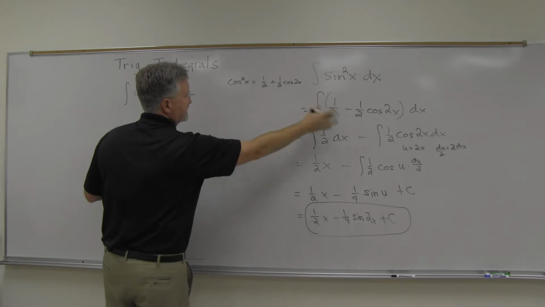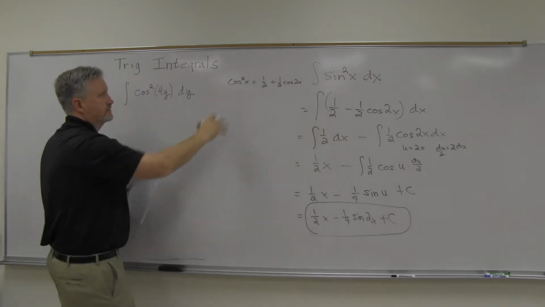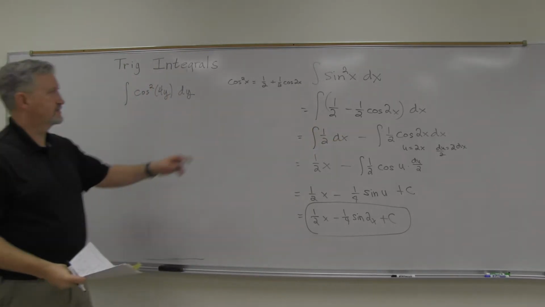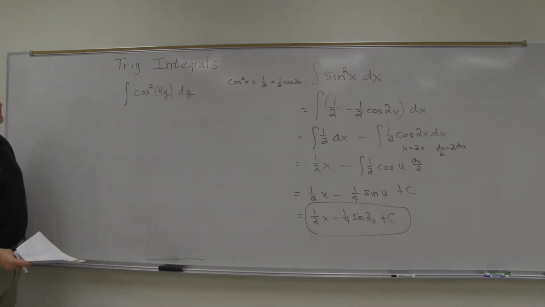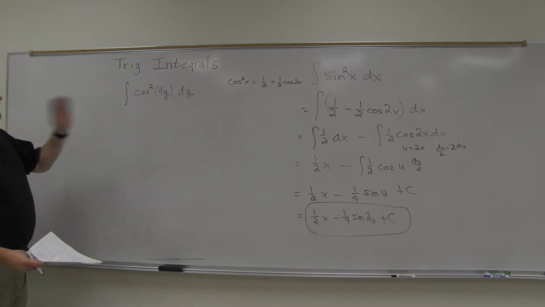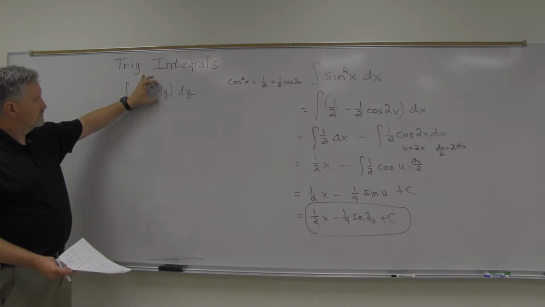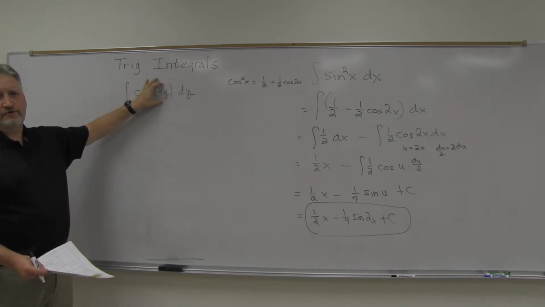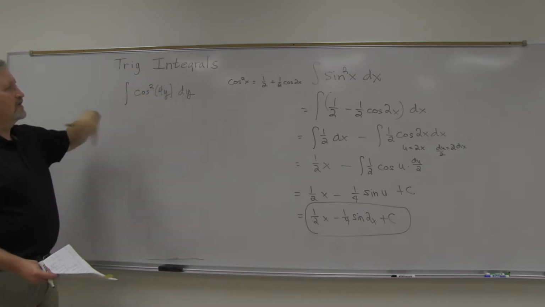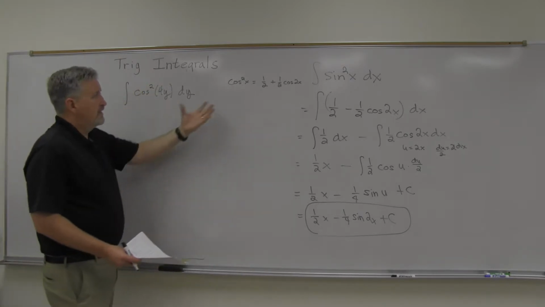It's basically the same as the sine replacement, except it's a plus between. It's not that hard to remember, but like I said, it's on the sheet. The other little quirk here is that instead of cosine squared x, I've got cosine squared 4y, so I have to make an adjustment for that, but it's pretty simple.